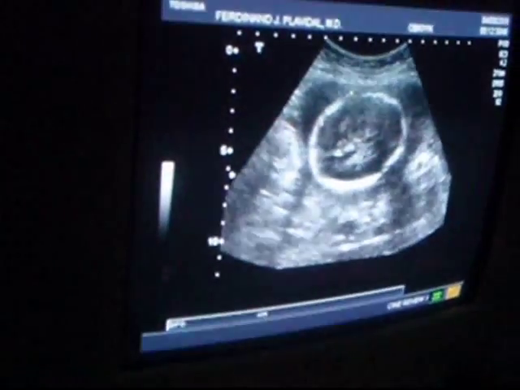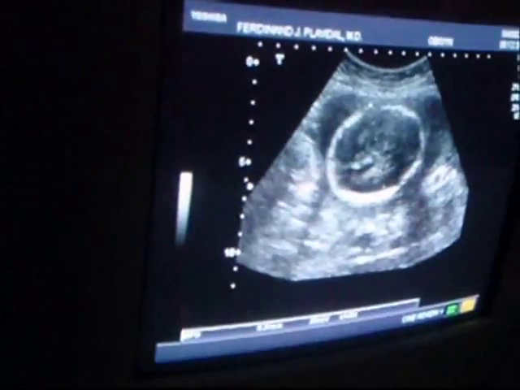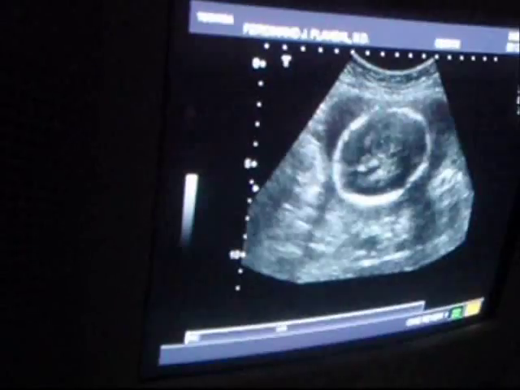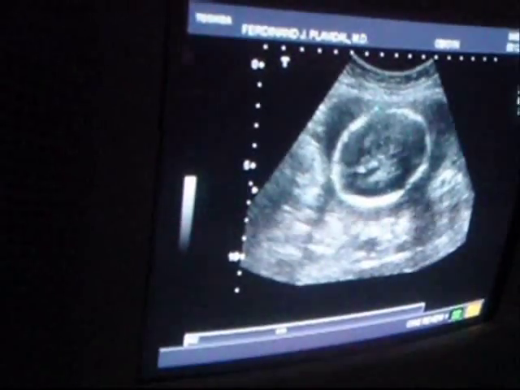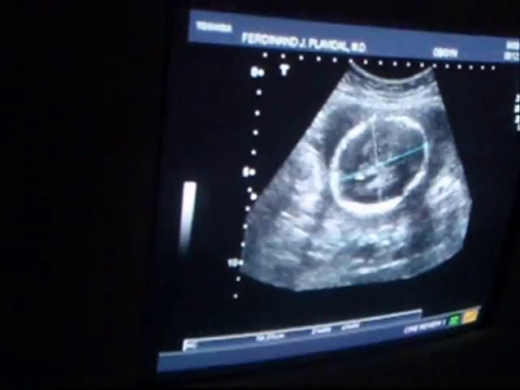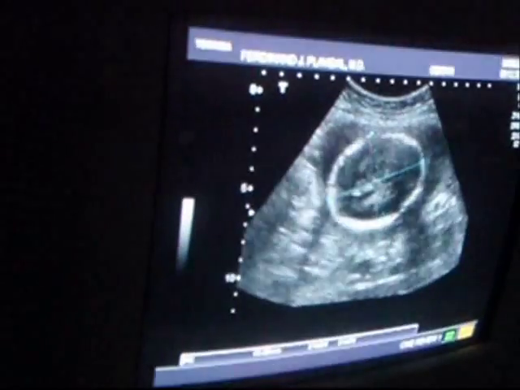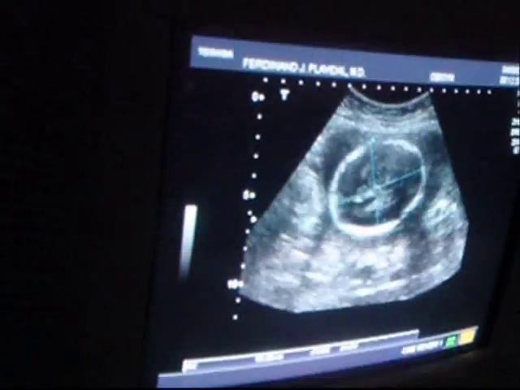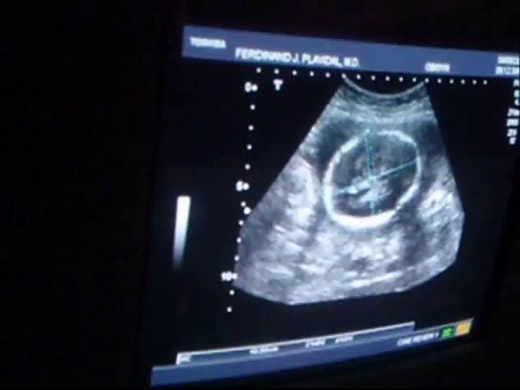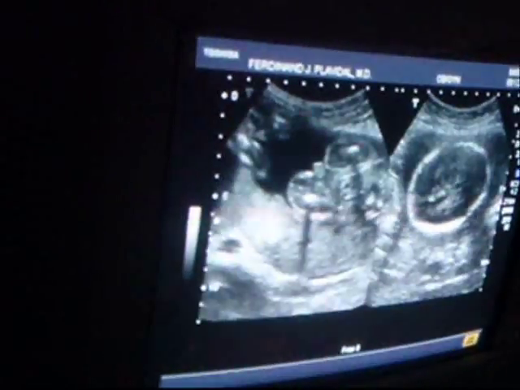I mean, not that we would want to miss anything, but we're really past the point where you're going to do anything about abnormalities other than be prepared for them in terms of Downs babies and all these other really bad things that can still go on. That's the head circumference right there. That says 21 weeks and 6 days, which is fine with me.